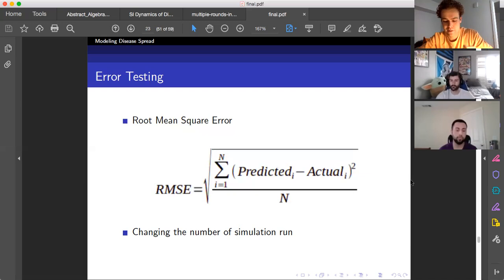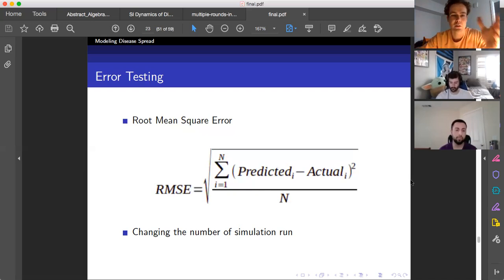You do this using this equation. You take the difference in the fraction of infected between the model and the simulation, and then try to see if you get a convergence of the error. In doing this, we didn't really see any convergence. So we basically concluded that the number of simulations doesn't have a significant impact on the fit of our models.